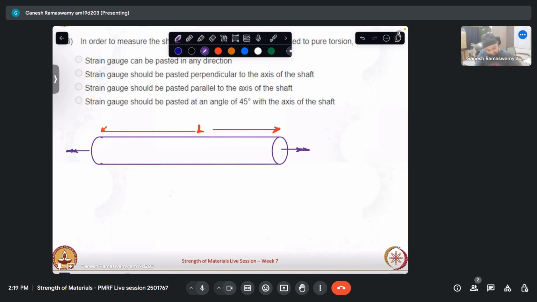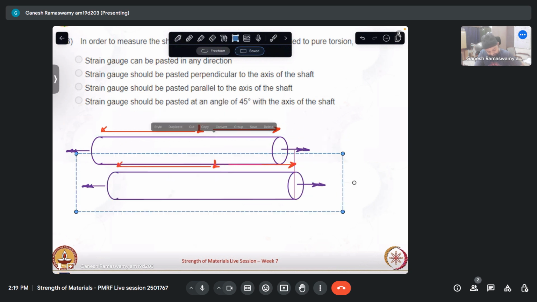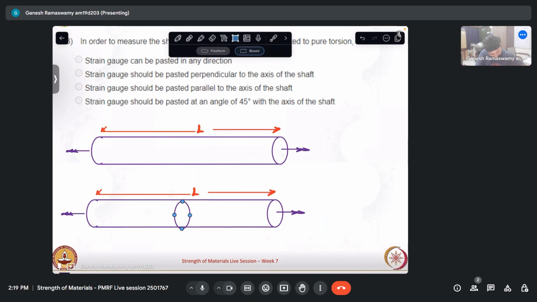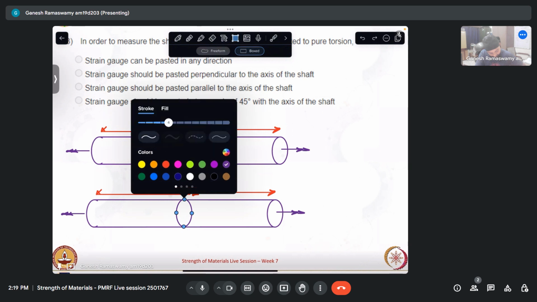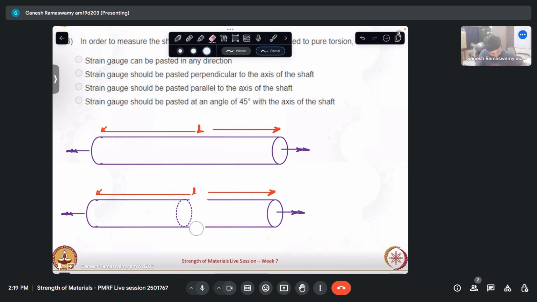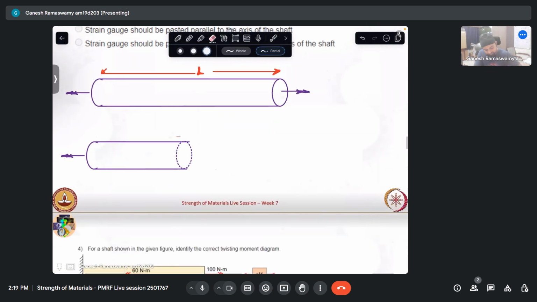So at any given section, I know this would be applying the same nature of twisting moment, in which case if I take an element here and I draw the element like that, I can see that the shear stress would be this way.